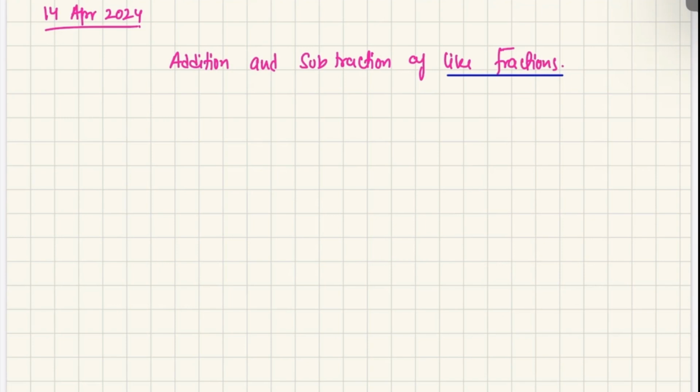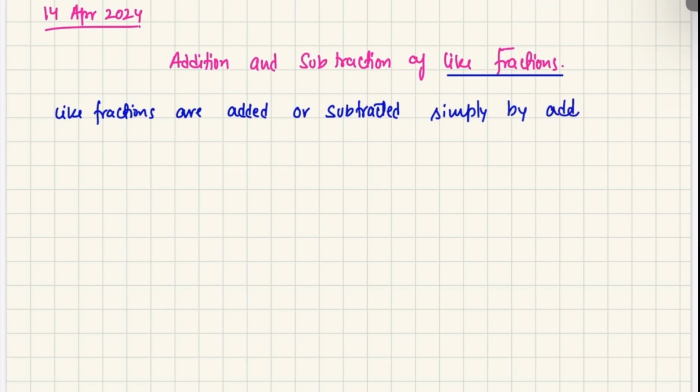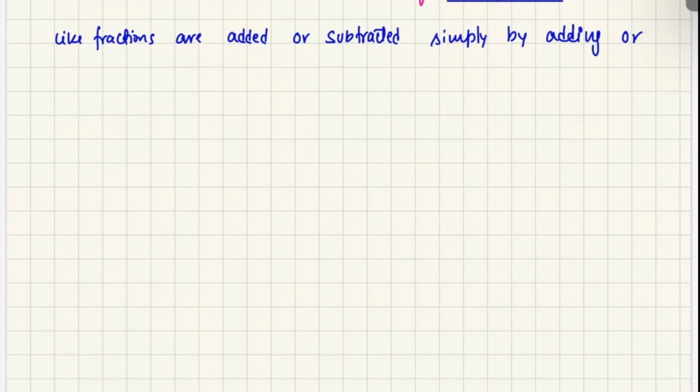So what we need to do is simply: like fractions are added or subtracted simply by adding or subtracting the numerators respectively.